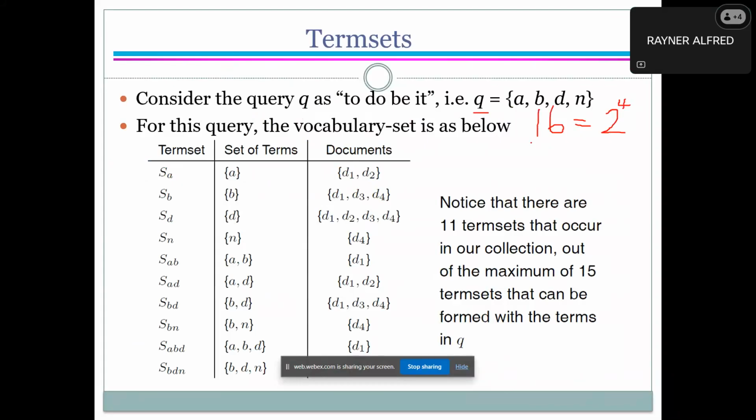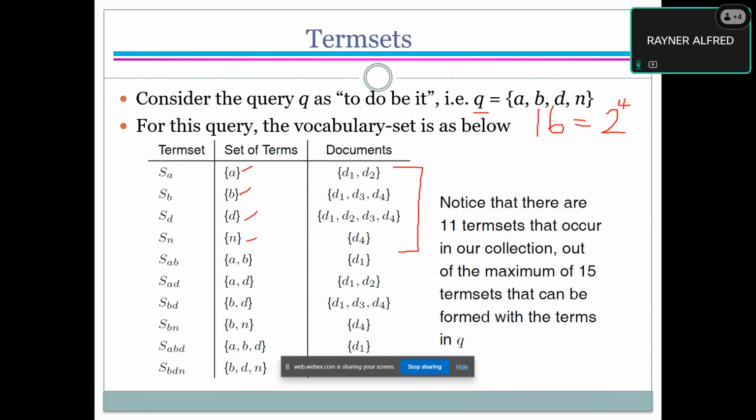Okay, so we start with single terms first. So we set A, B, D, and N, and then we look at the existence of these term sets in the documents.